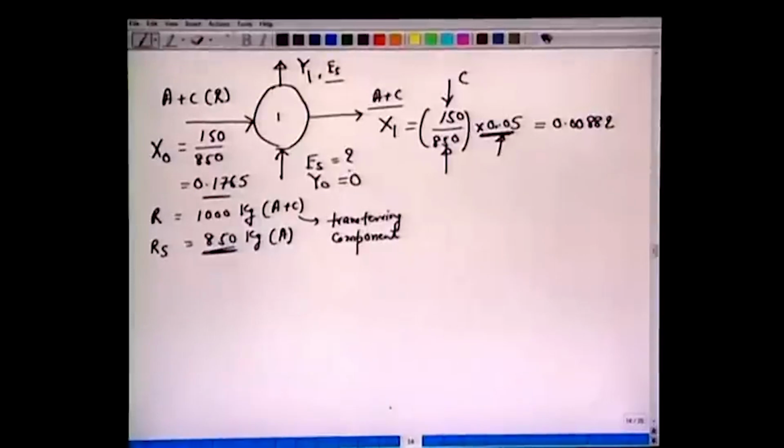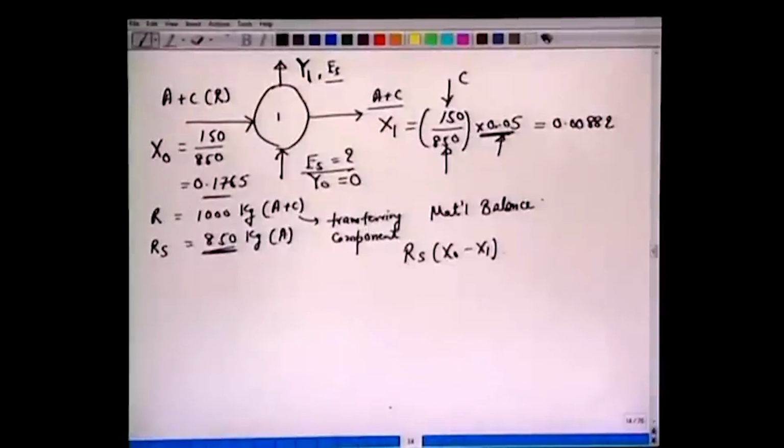Okay. And now we have another stream here which has mole fraction Y1, and this is your ES. So, ES will remain the same because we said it is a solid free basis, and Y1 is unknown here. How much is the mole fraction concentration in the exit phase here? Now, of course, we can write a material balance. All right, it is a very simple example. So, RS, the feed which enters here, x0 minus x1.